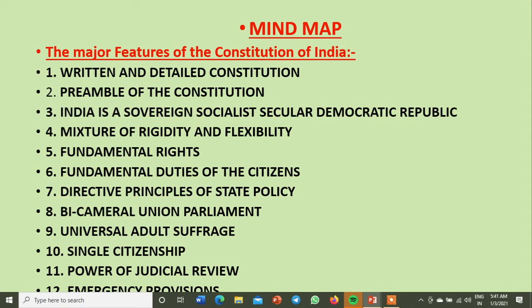Then fundamental rights, fundamental duties of the citizens, directive principles of state policy, then bicameral union parliament, universal adult suffrage, single citizenship, power of judicial review, and emergency provisions. Three types of emergencies I have discussed in detail.